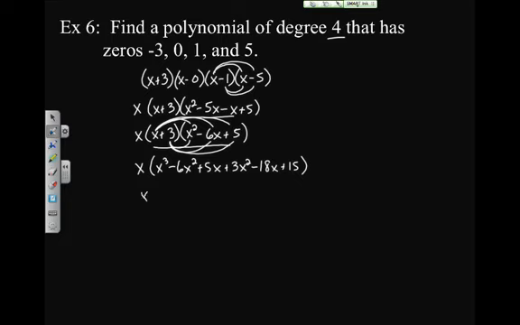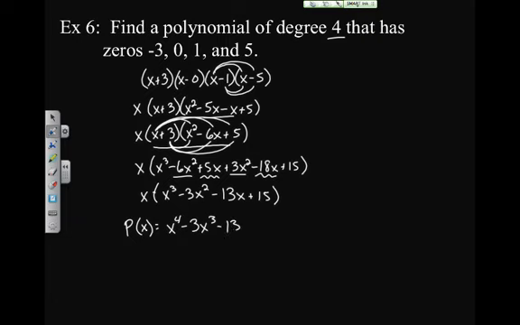So notice that gives us x cubed minus 3x squared minus 13x plus 15. And then our last step is we just have to distribute the x. So our full polynomial will be p of x equals x to the fourth degree, minus 3x cubed, minus 13x squared, plus 15x.